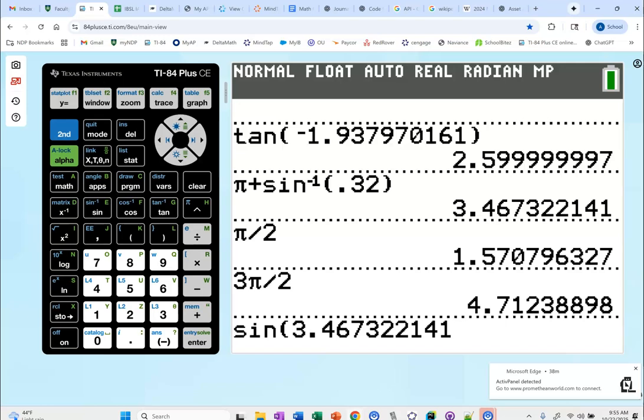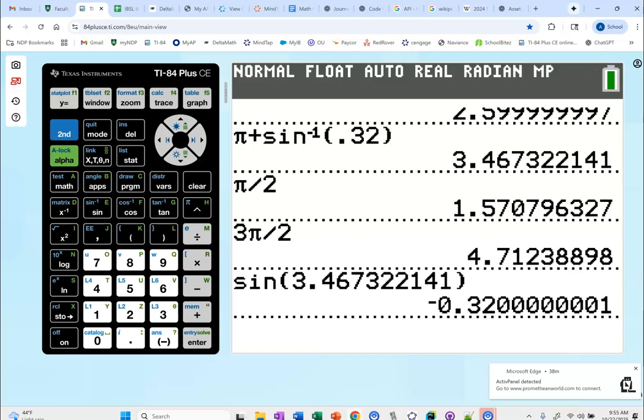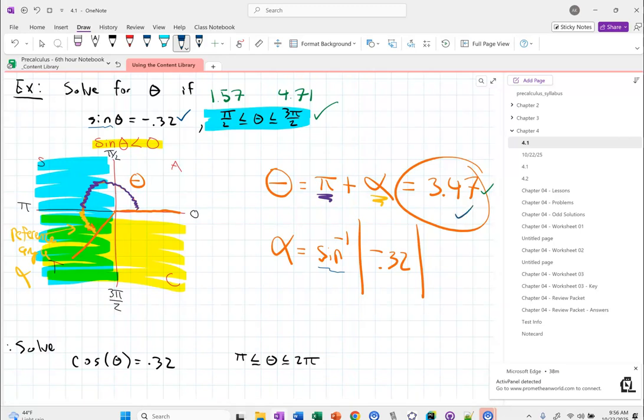So I'm going to just copy in the whole answer, and I'm expecting to get negative 0.32. Is that close enough for you guys? Good enough for me also. So what does that tell me? You're right. I am 100% sure that I have the correct answer.